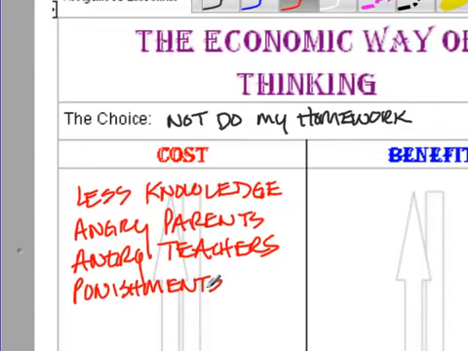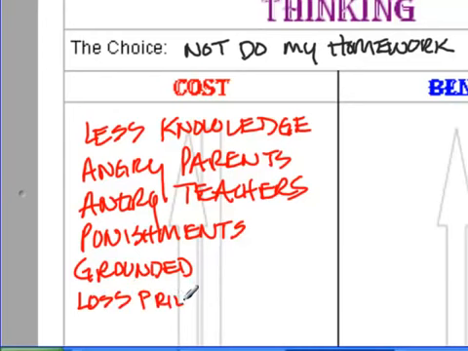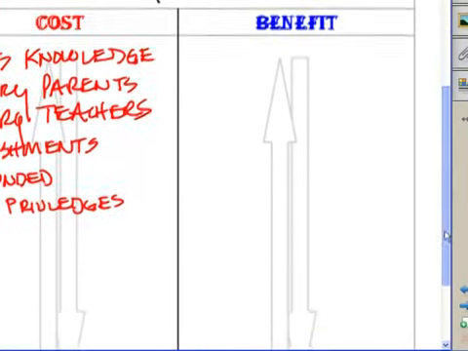Those could come from both teachers and parents. You could delineate what some of those punishments are. You maybe get grounded if your parents take that pretty seriously. You could lose other privileges. Yep, you could lose allowance. There could be any number of things.